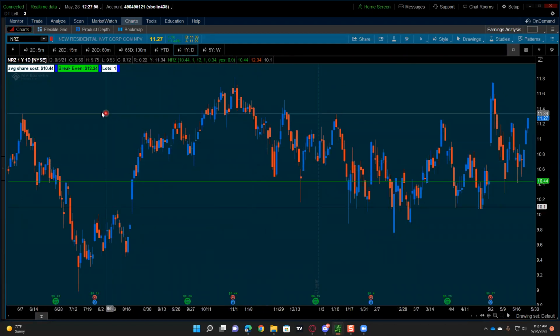Here's a 1-year chart, and you can see that around 11.80 is about the high. So if we get to $12, I would really like to sell a call at that point. And I can now have a better understanding of what my fair value is.